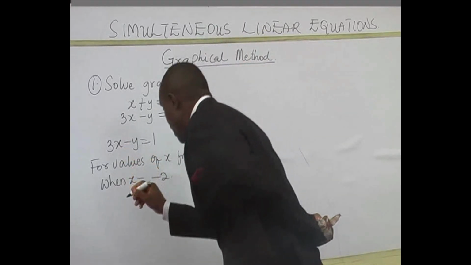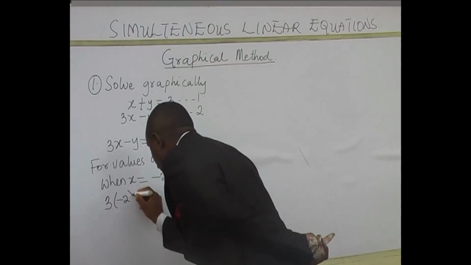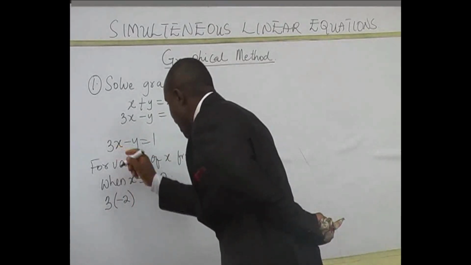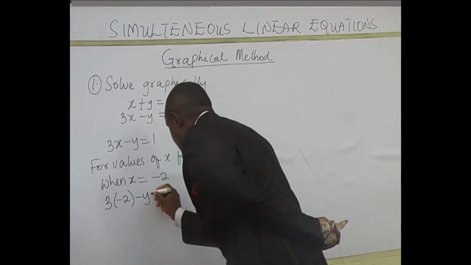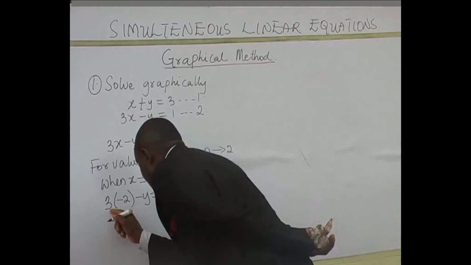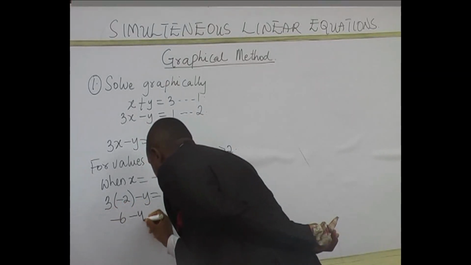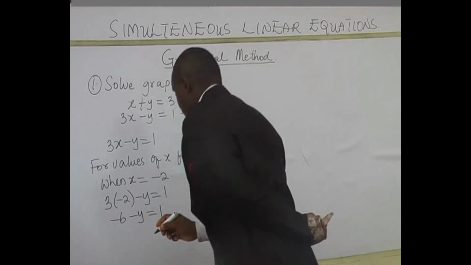So from the equation we now have 3 into minus 2, instead of 3 times x, now minus y is equal to 1. Remove bracket. You have 3 times minus 2 will give you minus 6. Minus y is equal to 1.